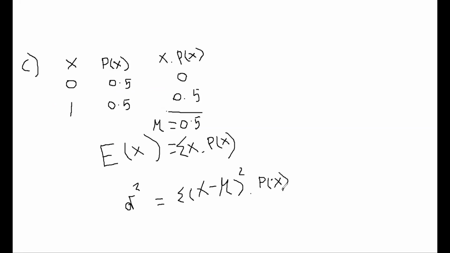That means I will have to create another column with x minus mu whole square times probability of x. And then in the end, I will have to add the column to get my final result or variance. So it will be x minus mu whole square times probability of x.